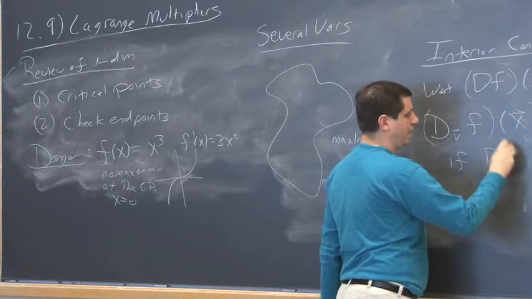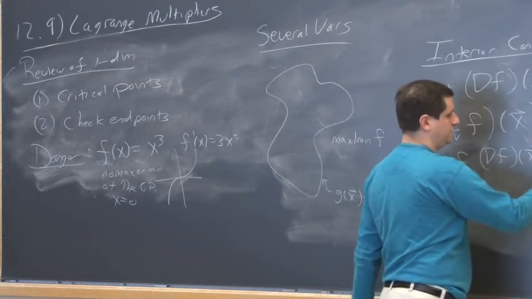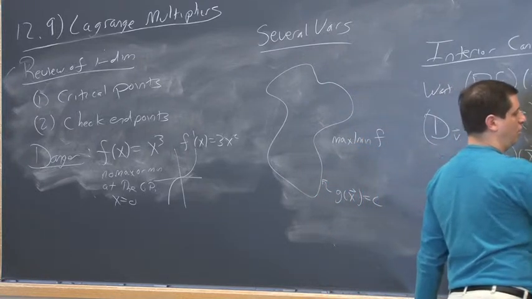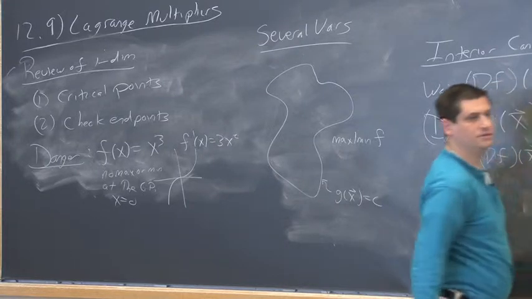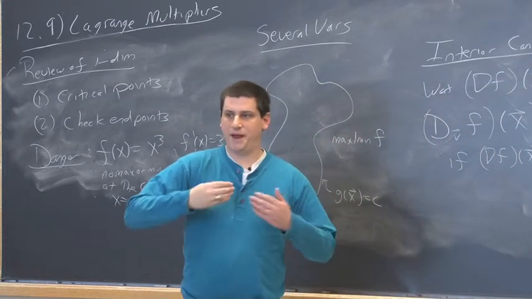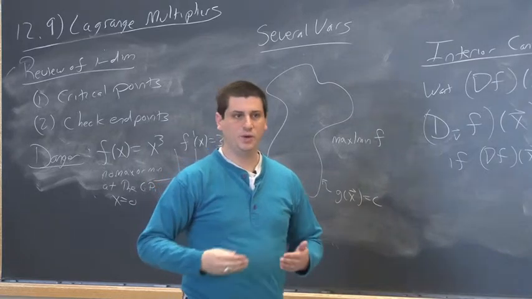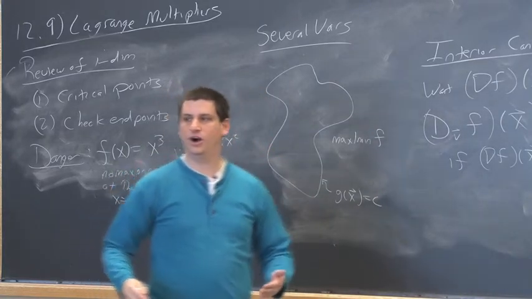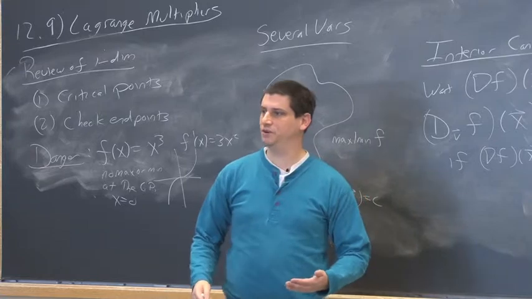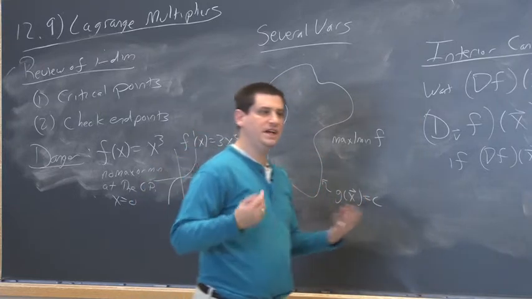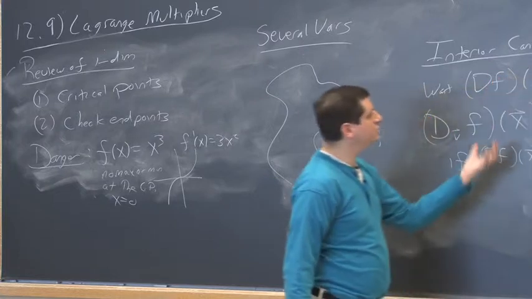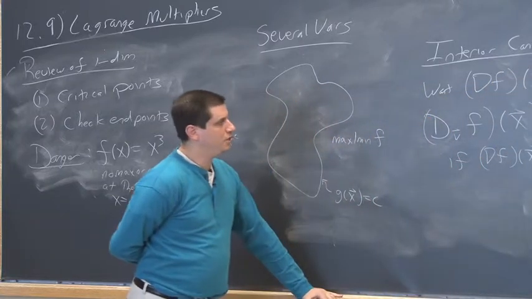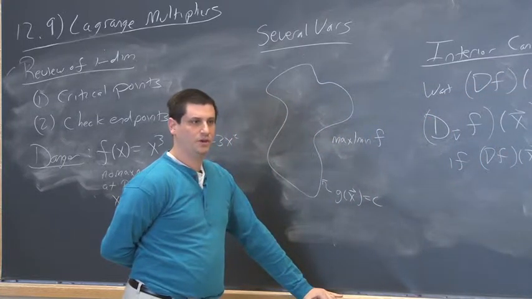If the gradient of f at x is 0, all directional derivatives are 0. So what that tells you is I'm at some point, and no matter which direction I move in the interior, all my directional derivatives are 0. That's a really nice analog of what was going on from Calc 1. And so this is a nice consequence of the gradient of f has to be 0.